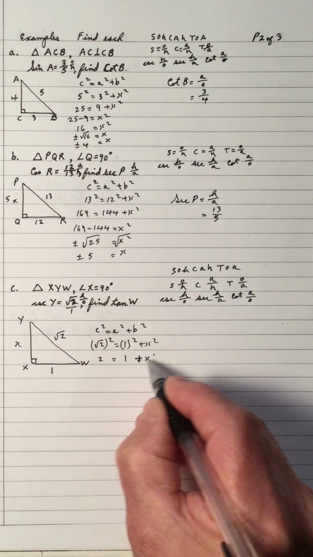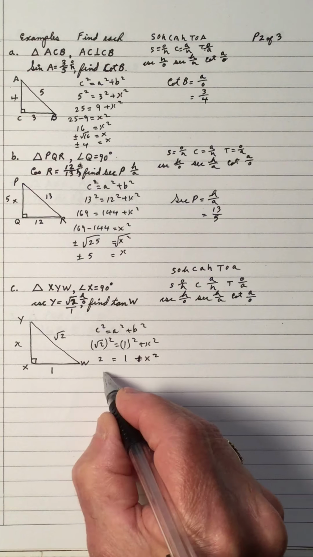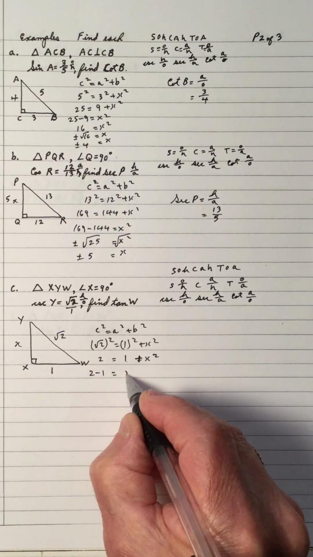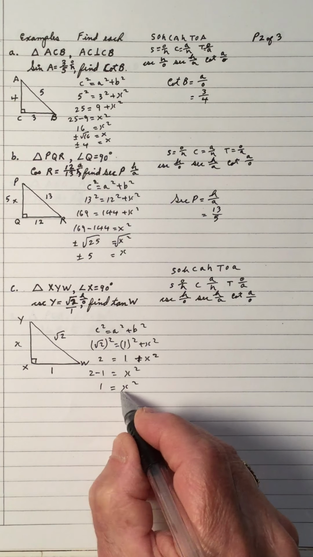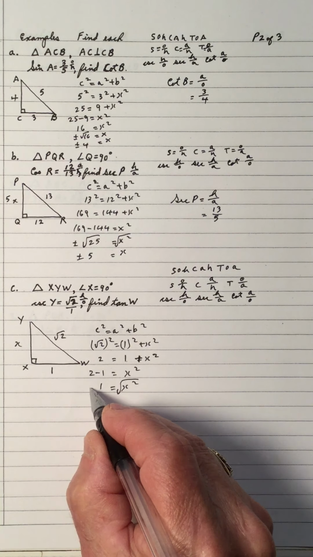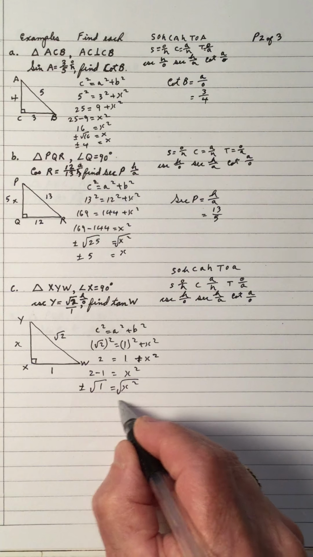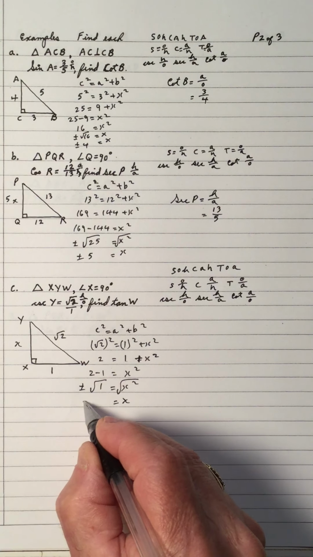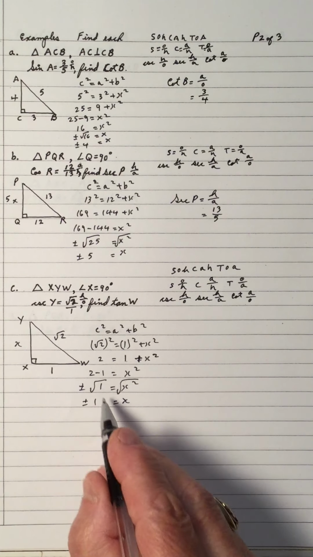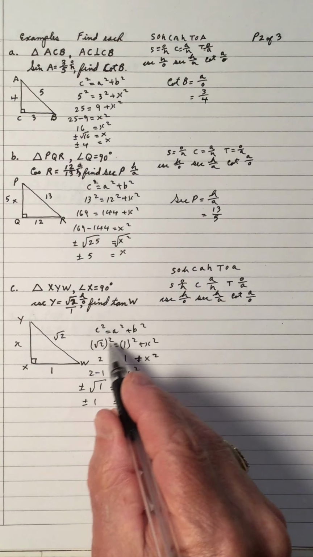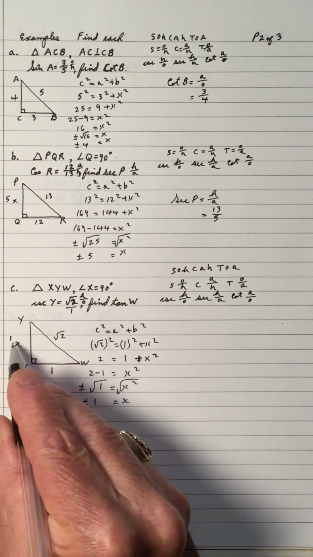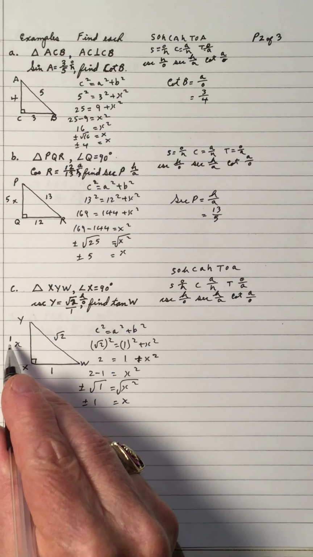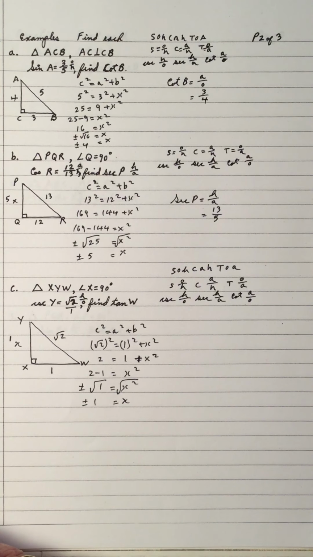Oh, there's a plus sign there. 2 minus 1 equals X squared. 1 equals X squared. So I'll do the square root of each side, but I have to do plus minus here. So X equals plus minus 1. And again, there's two values of X in this equation, but there's only one that fits the triangle. The triangle can't have a negative length, so we got to have the positive length.